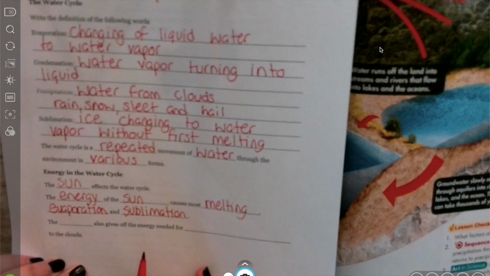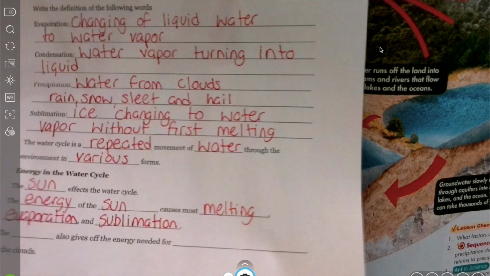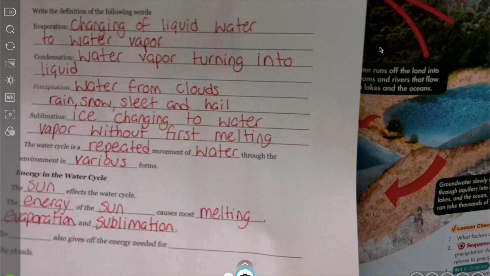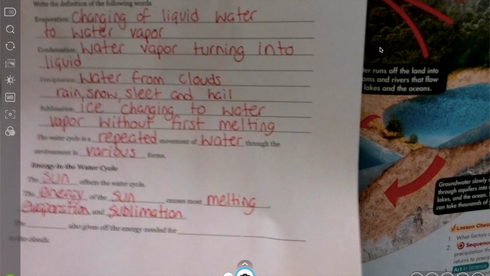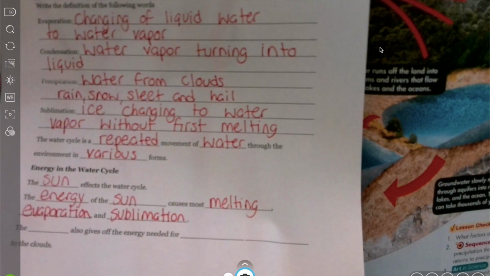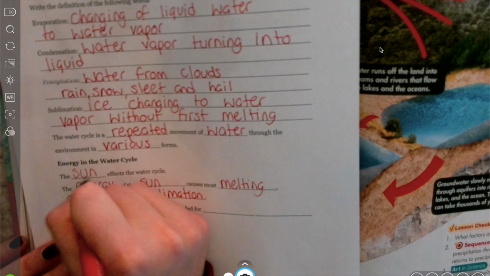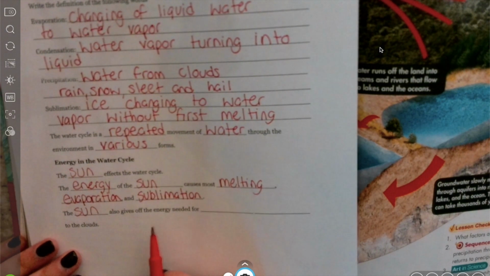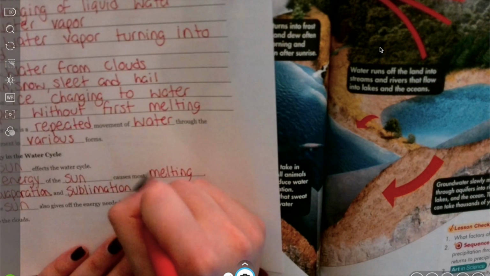The sun also gives off the energy needed for water vapor to the clouds.